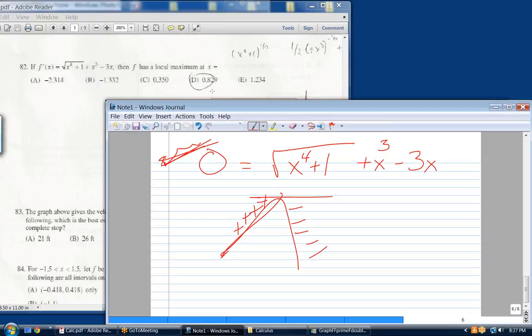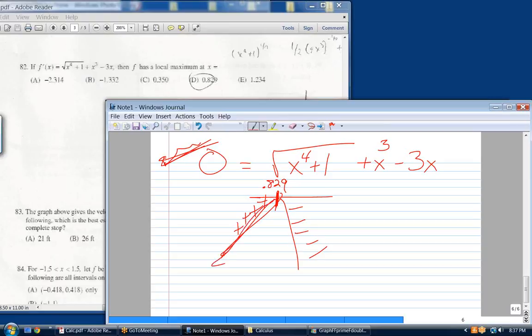And we figure that out by plugging in a point immediately to the left, like 0.8, making sure that this f prime of x is a positive number, meaning it would have a positive slope at x equal 0.8. In other words, this point right here is 0.829. So to the left of 0.829, we need a positive slope.